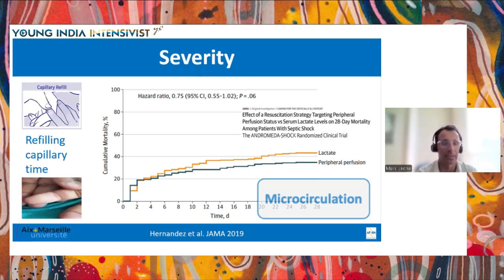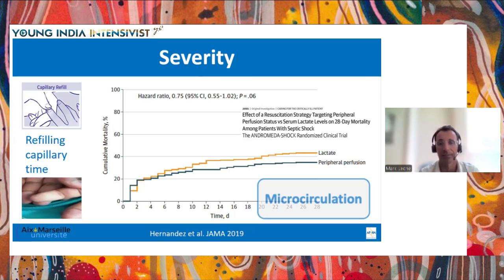Just looking with a very easy, not expensive process, but that should be very formal, you need to formalize the way to measure the capillary refill time. You can look at the microcirculation as a tissue perfusion of your patient. Once again, it is free. You only need a glass slide, but that's really easy to do.